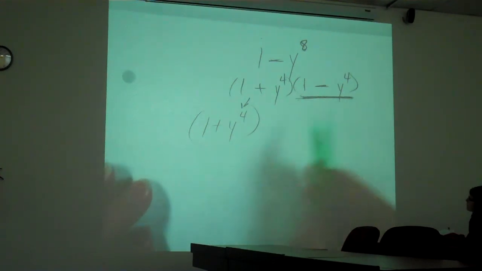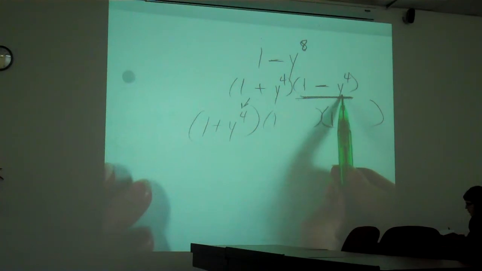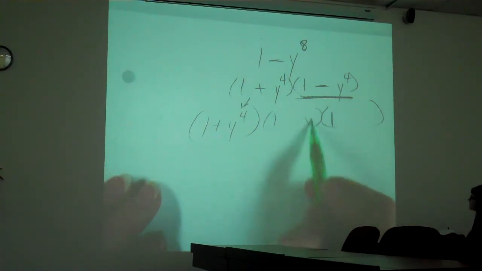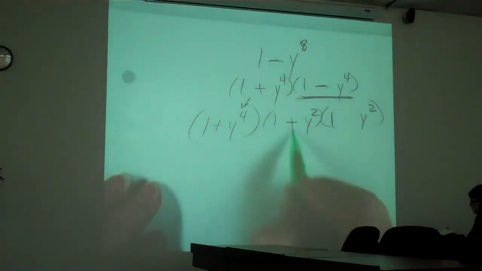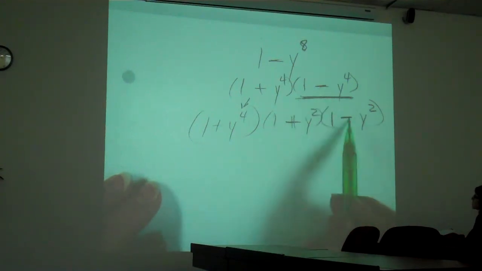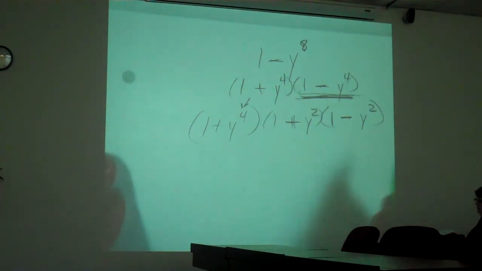1 minus y to the 4th will be 1. Y to the 4th is y squared times y squared. That'll be a plus and minus. And this is another reason it's better to put the minus second, because then it'll always be at the end. Is that a perfect square again?